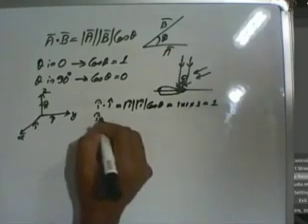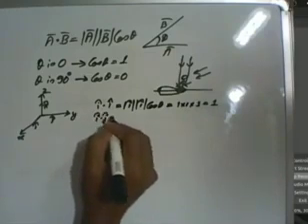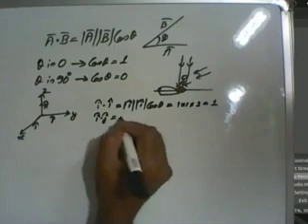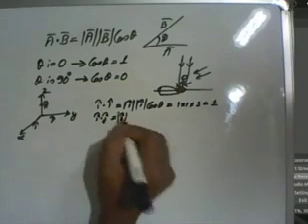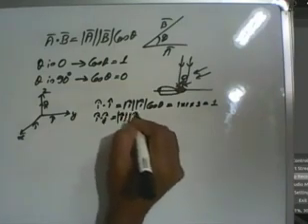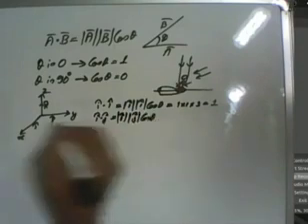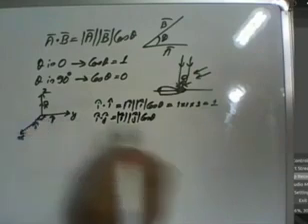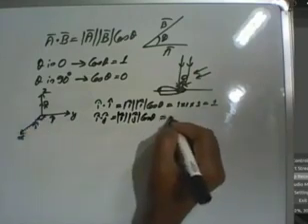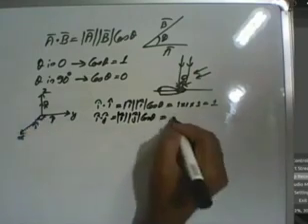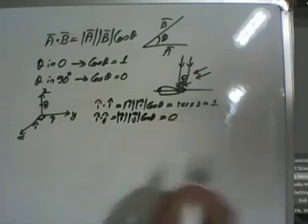Similarly, i dot j is equal to magnitude of i into magnitude of j cos of theta. In this case, theta between i and j, this angle, is equal to 90 degrees, so it becomes cos of 90 degrees, 0, so this becomes equal to 0.